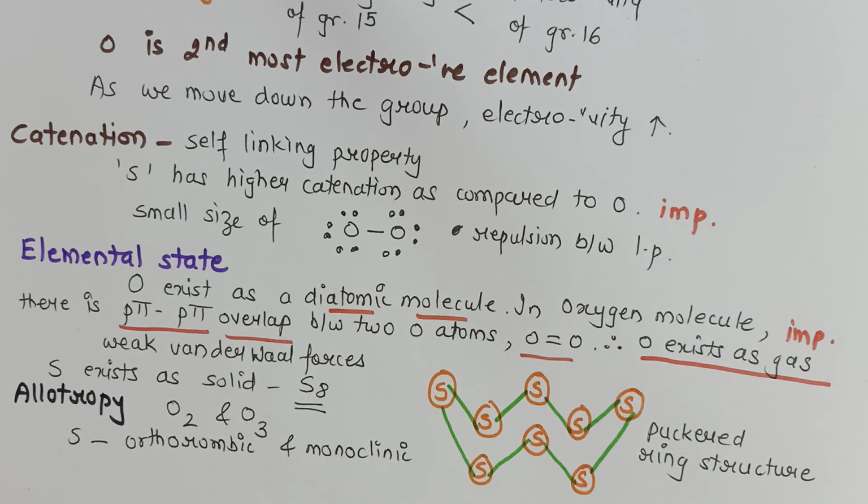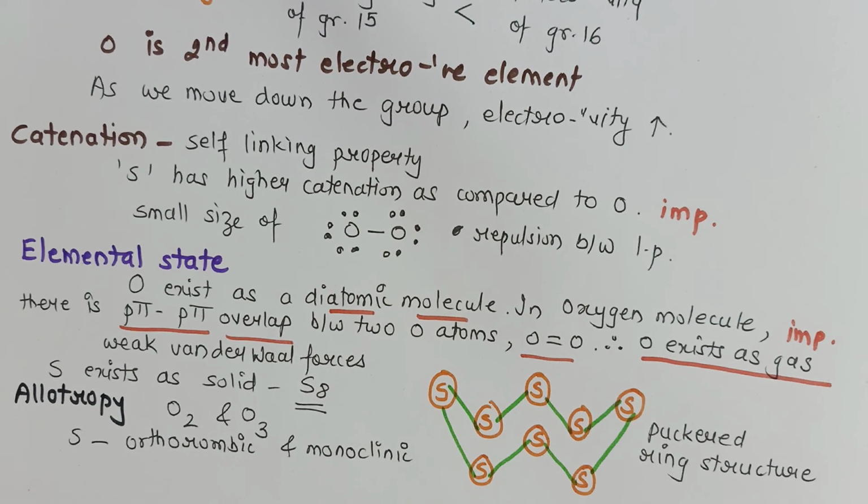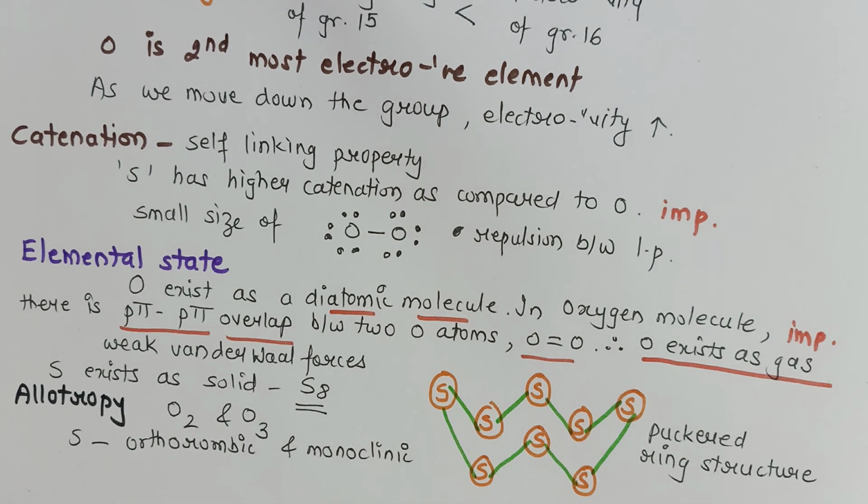Selenium also exists in allotropic forms like red selenium, black selenium, and there is one more allotrope of selenium, the gray selenium. Gray selenium is the only allotrope of selenium which will conduct electricity. Even tellurium also shows allotropic form, but it has comparatively less allotropic structures. Tellurium has only one crystalline form which has a chain structure, and that is similar to gray selenium.